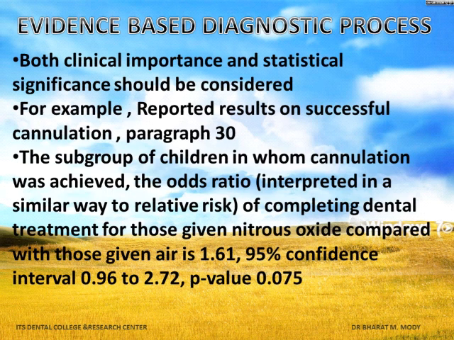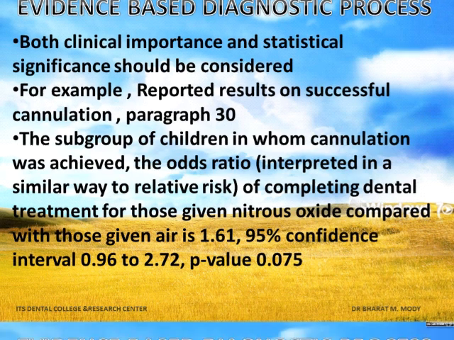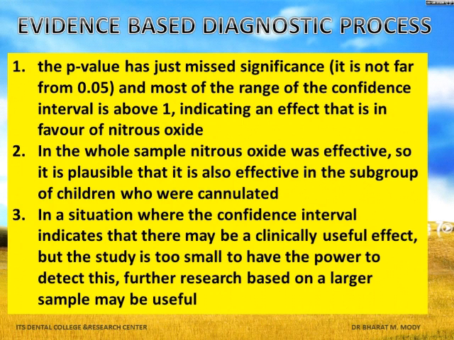Reported results on successful cannulation were given. For the people where the cannulation was done, the odds ratio, which is similar to relative risk, was different. So this is how, in evidence-based medicine, the p-value, if it is not far from 0.05, and the whole sample was effective, it is possible that it is also effective in the subgroup of children who are cannulated.